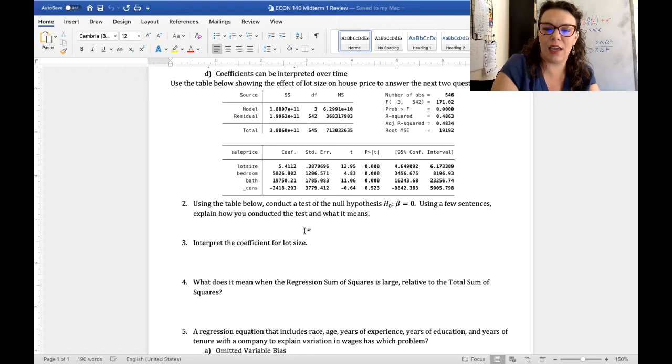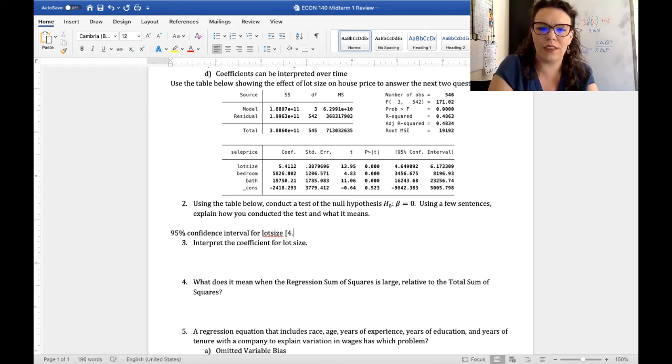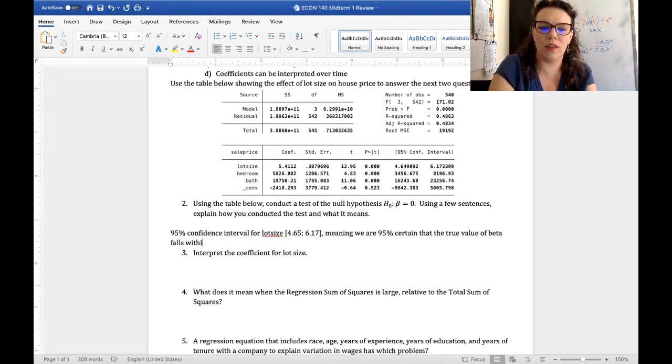The 95% confidence interval for lot size is 4.65 and 6.17, which means we are 95% certain that the true value of beta lies within this confidence interval.